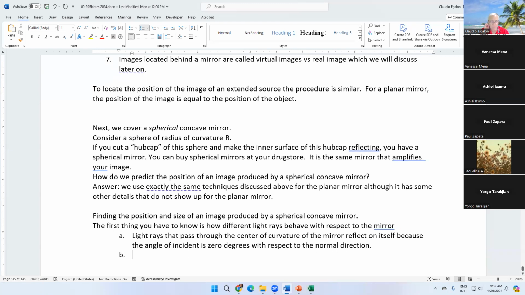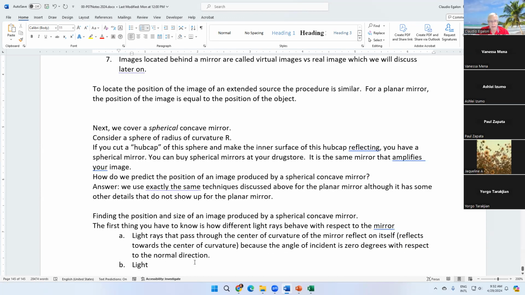Good. Light does not just reflect on itself, but reflects towards the center of curvature.